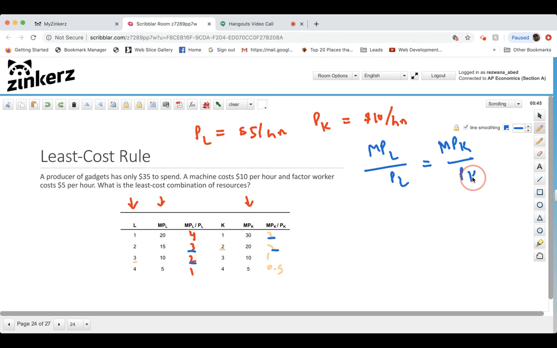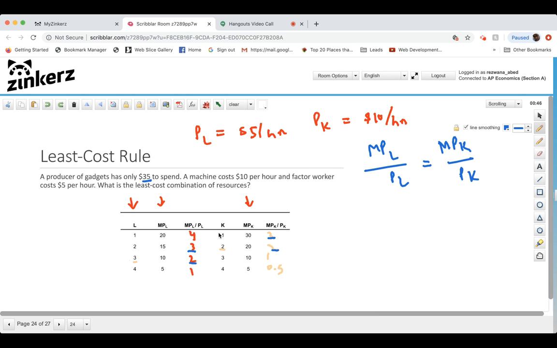All I have to do is make sure that I have utilized all of my budget, right? So I have $35 to spend. Which one of these combinations gives me the optimal combination that is least cost, but also utilizes my entire budget?